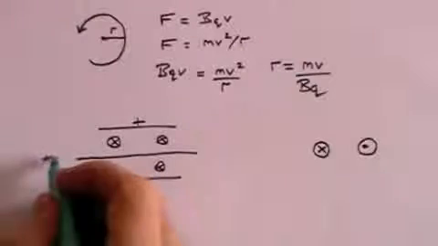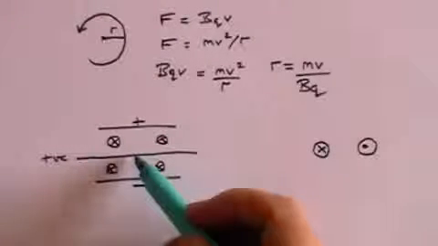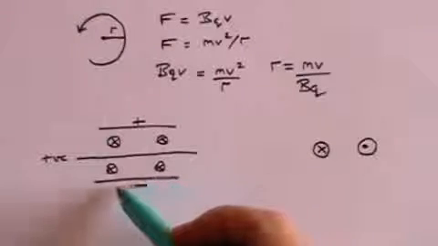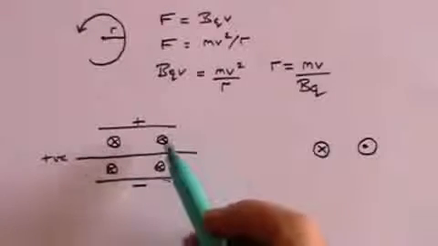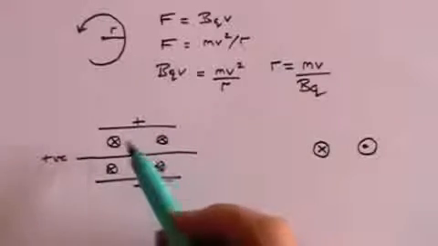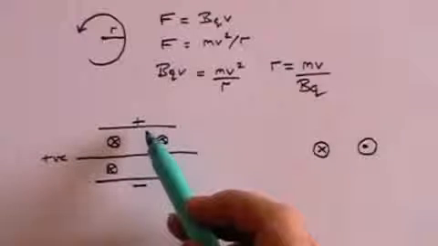Let's say that they're positively charged particles. What will happen to that stream of particles? Well, they're positively charged, so they will want to veer towards the negatively charged plate. But if you do the left-hand rule, you will find that the magnetic field, which is going into the paper, will cause them to bend in this direction.